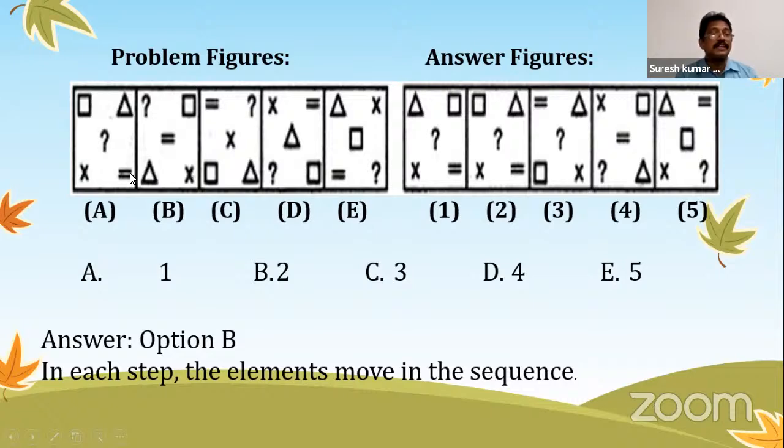Now come to the equality symbol. See equality here. Next comes here. Next, the third position comes here. Next comes up here, down here. Now observe it. Equality symbol: position 1, 2, 3, 4, and 5. Correct.